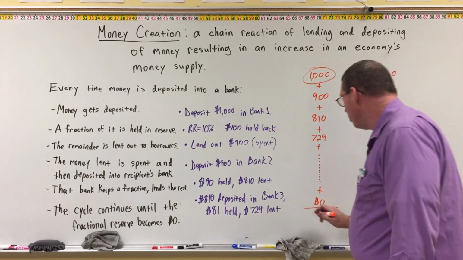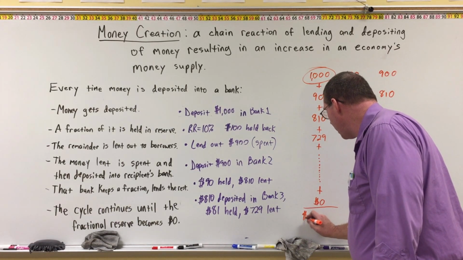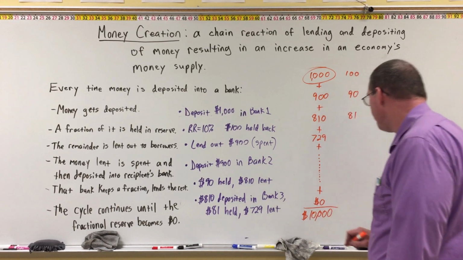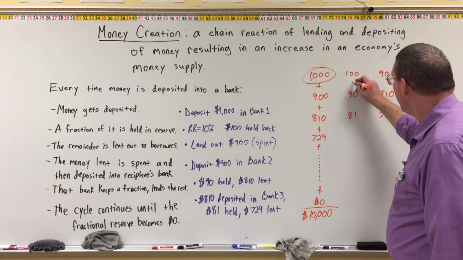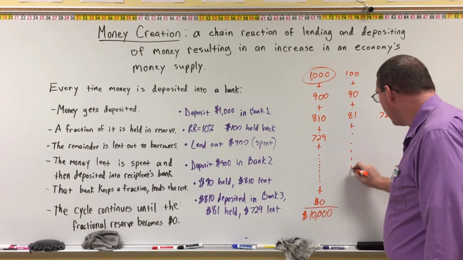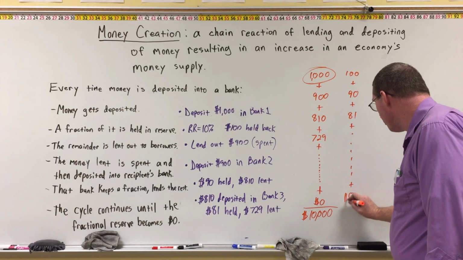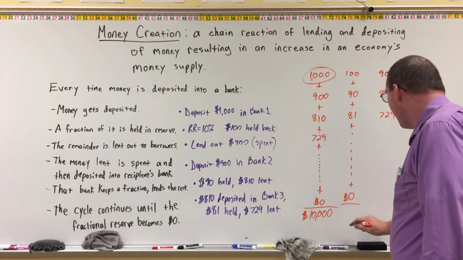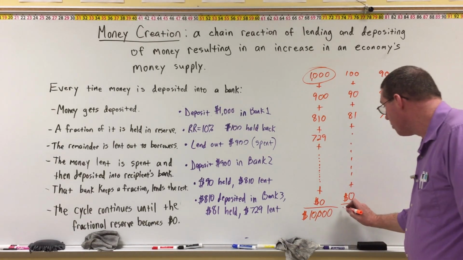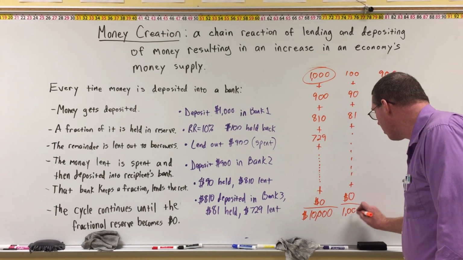And I can tell you that I know that the amount of money that this is going to add up to is $10,000. Now, the money that's being held back, here's the really neat part. The money that's being held back also reduces to 0 eventually, and that becomes 10% of the $10,000, which is $1,000.